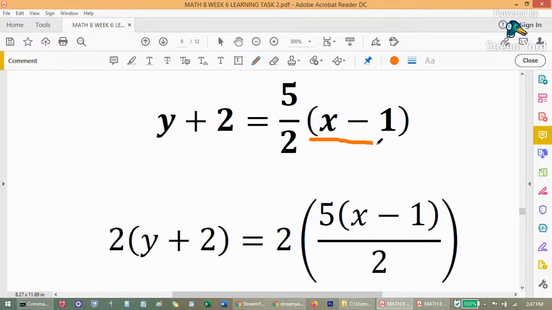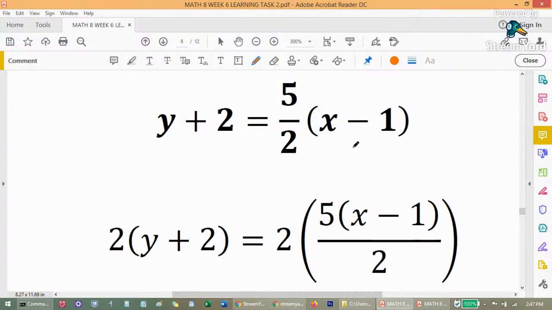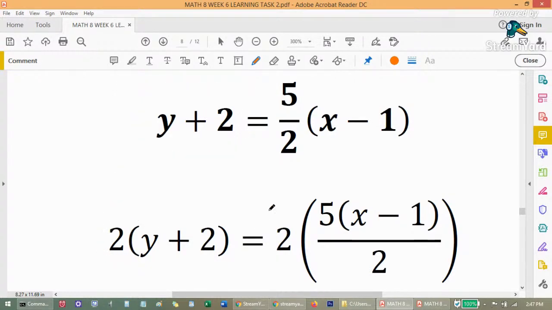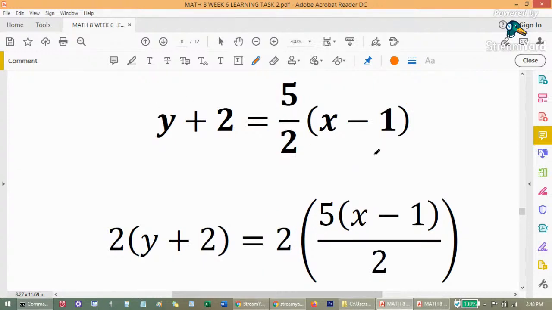This times this, so it has an over 1. So we multiply both the left and right sides by 2.